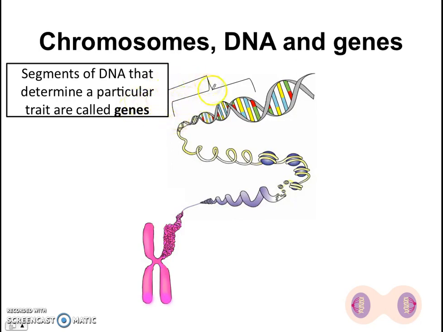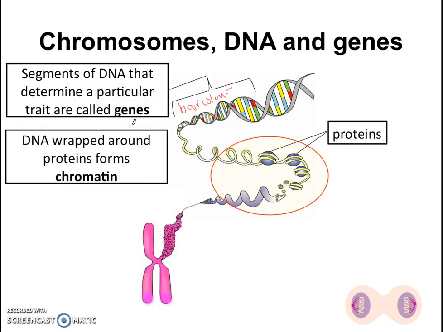A particular segment here that helps to determine or to control a particular trait, for example, maybe hair color. So that means this length of DNA here is a gene that controls hair color. This is the hair color gene. So a segment of DNA that controls or determines a particular characteristic is called a gene.